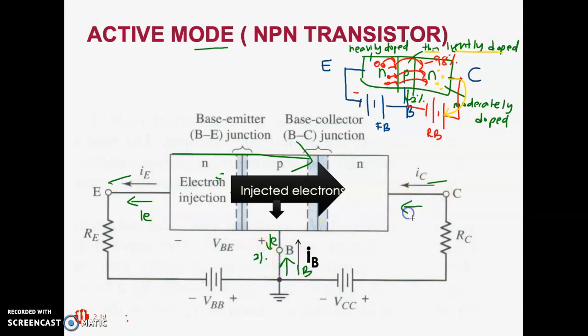And here will be your IC. According to KCL, imagine this is your junction. This is your IE, this is your IC, this is your IB. So IE equals IC plus IB. This is the behavior of your NPN transistor in the active mode.